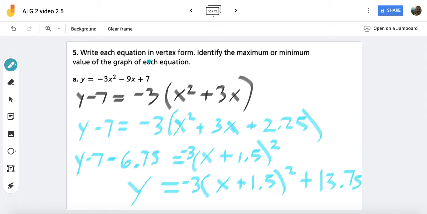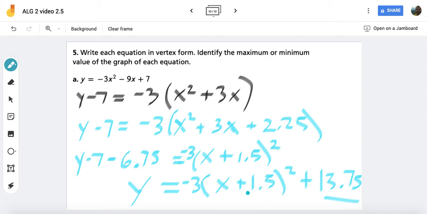Now, what was the question? I've run out of space, so let's see how much of this I can answer right now. Write the equation in vertex form. Done. Identify the maximum or minimum. Well, it's got a negative 3, so that means it opens down. That means 13.75 is its maximum, and that occurs when x equals negative 1.5.